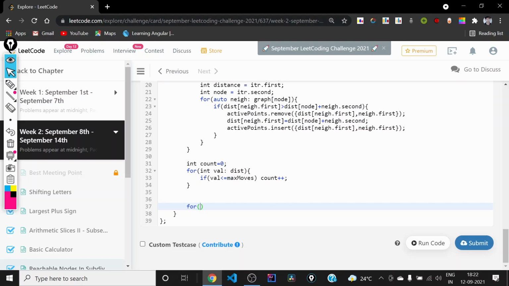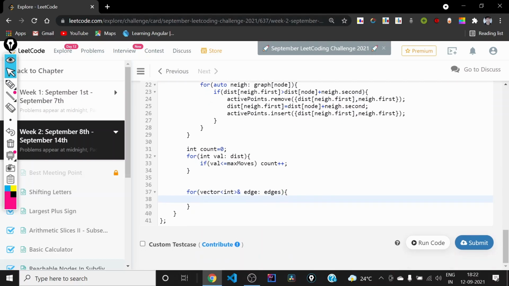So we will be considering every edge of the edges. The number of nodes reachable from the first node will be max moves minus distance of the first node.